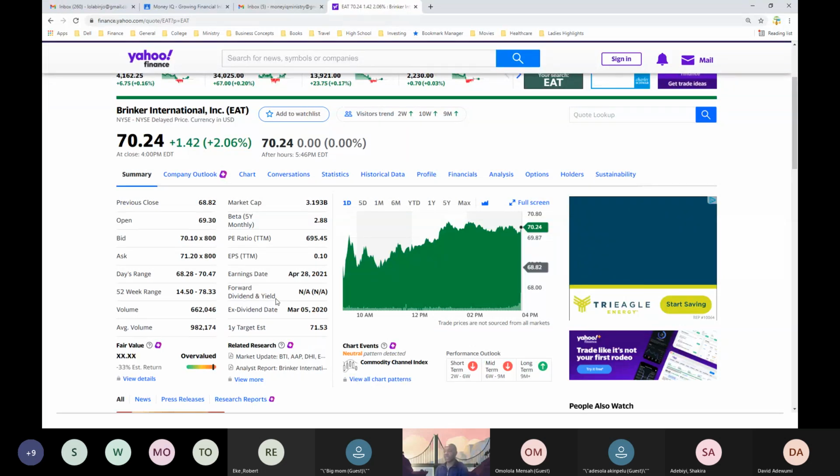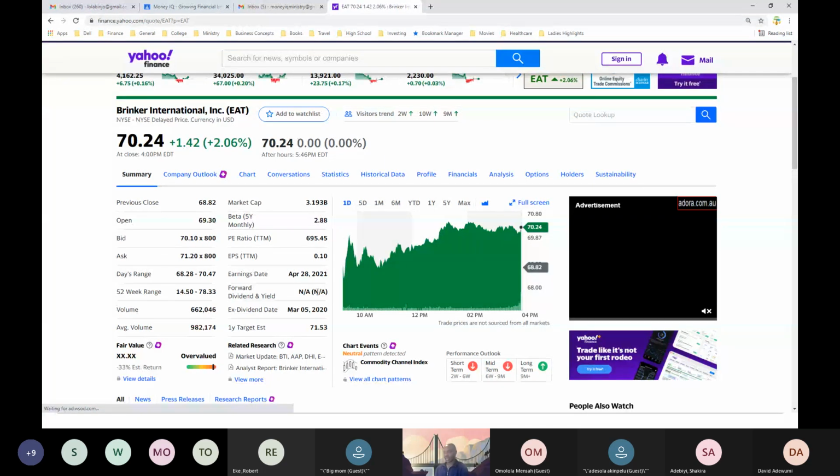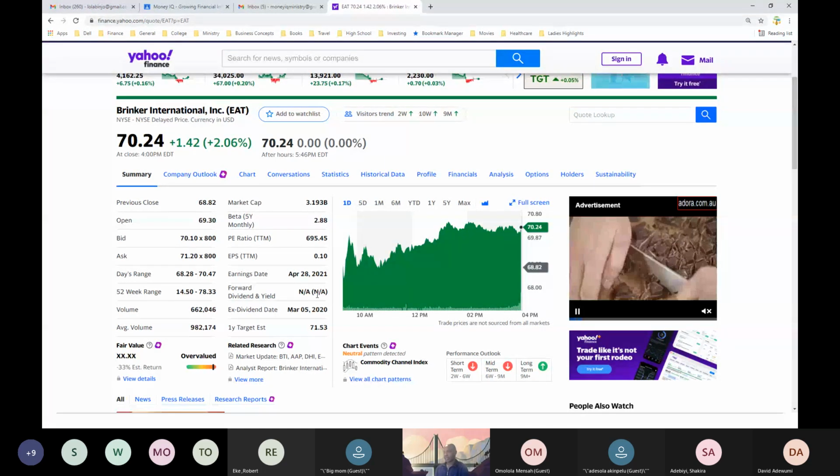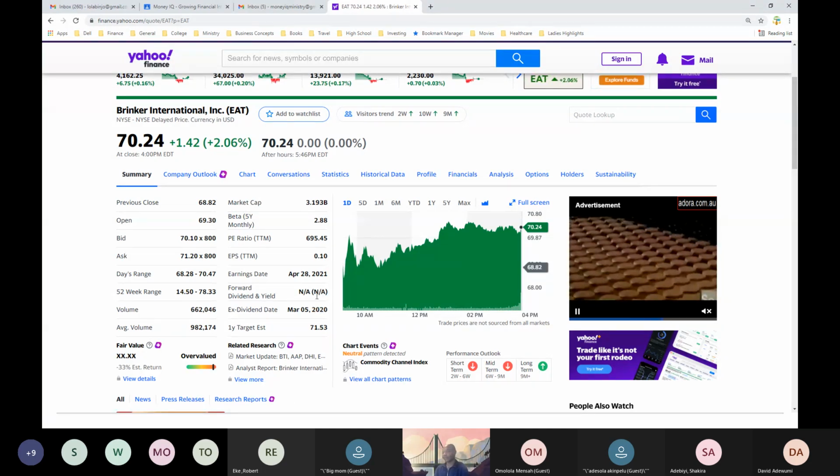And the dividend yield essentially is a percentage calculation of that dividend. The term yield is like the percentage value of that dividend, if you want to put it that way.